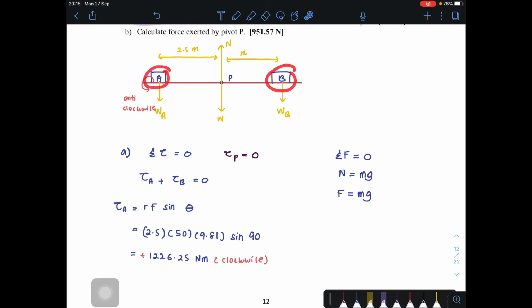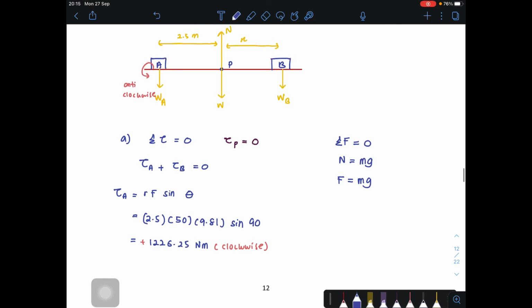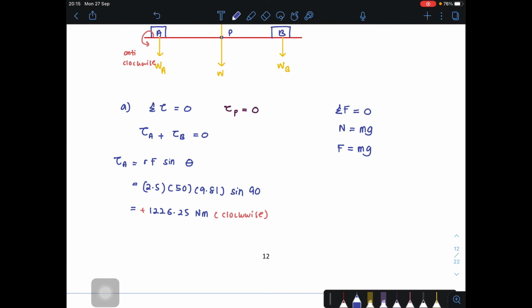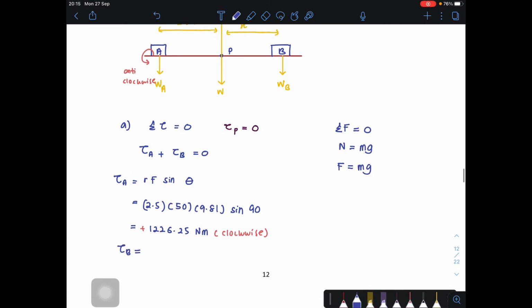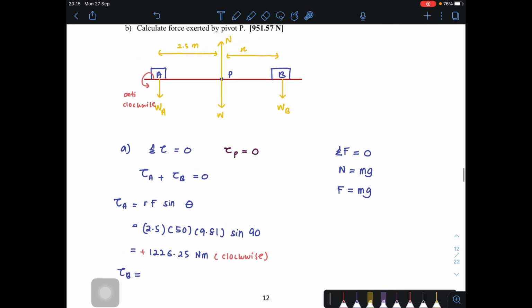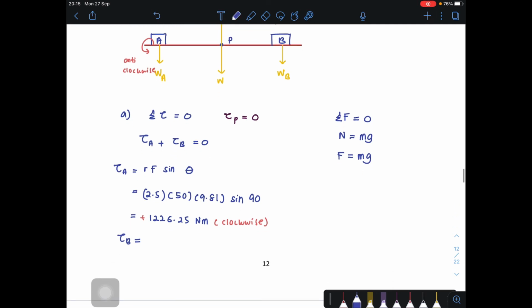Now we will find it on this side. So the distance from the pivot point is x. So put x first, and then F is equal to mg, where the mass of Boniface is equal to 45, times 9.81, and then sin 90.